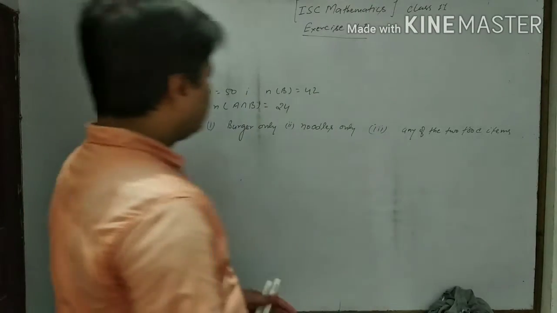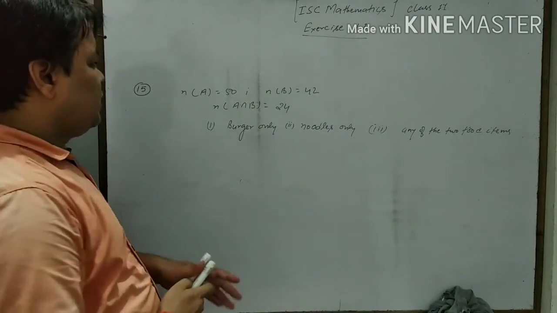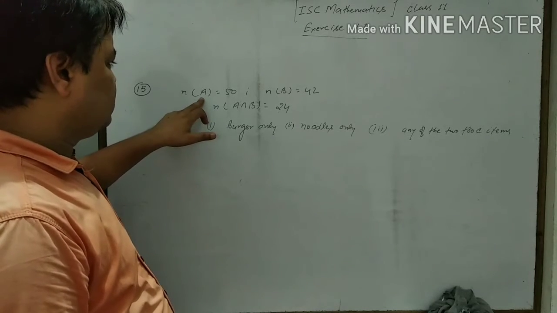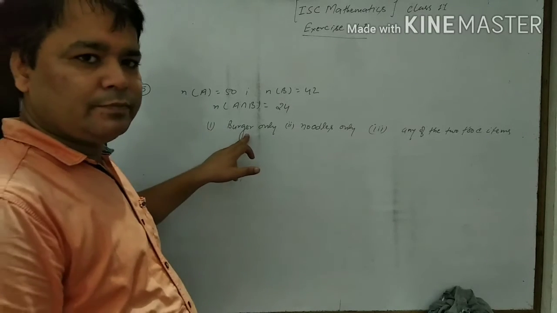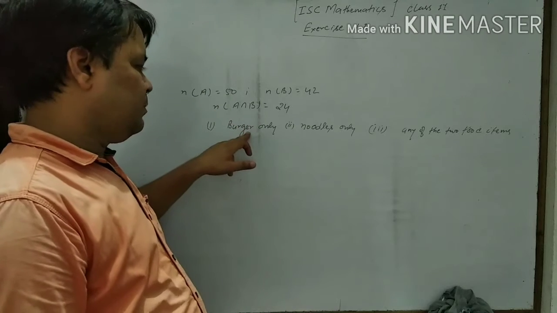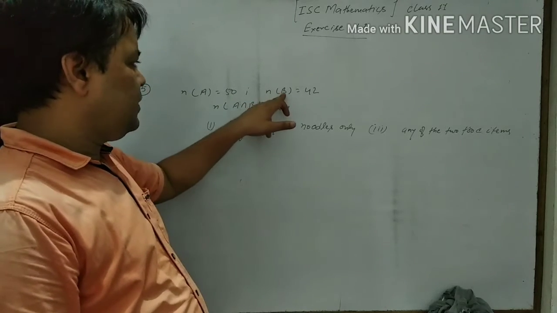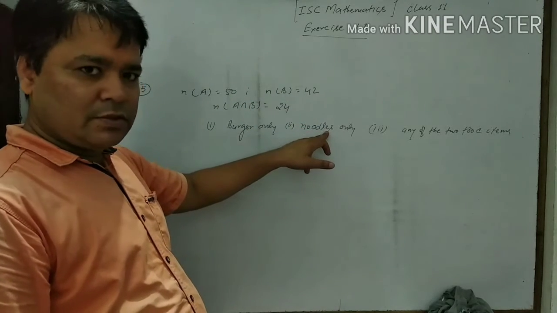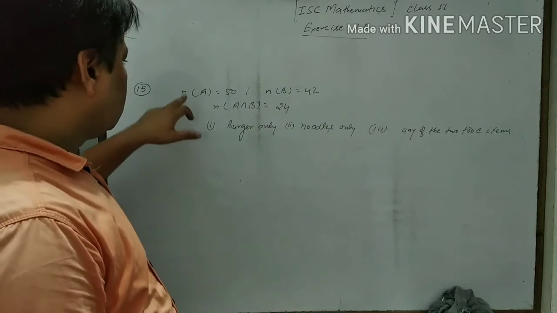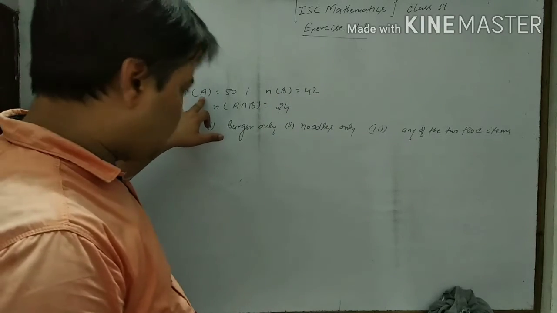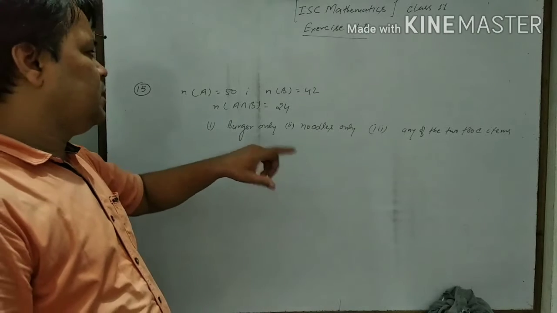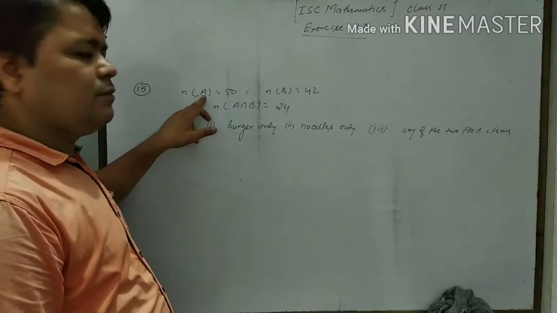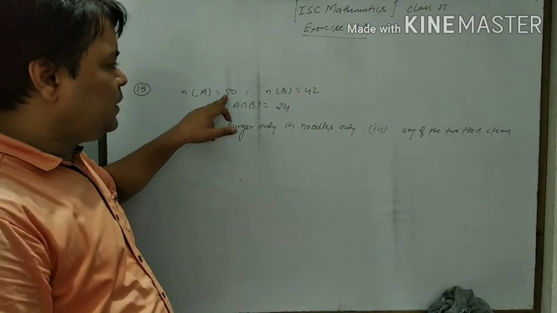Okay, so here let set A represent the burger and set B represent the noodles. Therefore the number of students who eat burger at lunch means cardinal number of set A is equal to 50.